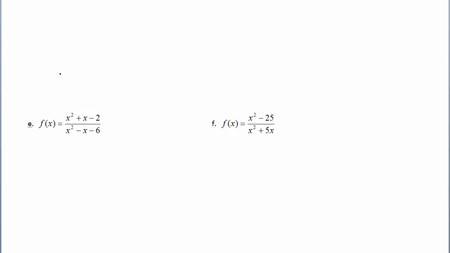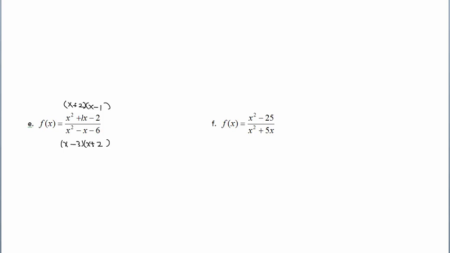Example E. Well, it looks like I'm going to have to do some factoring here to determine if I have any common factors with the numerator and the denominator. x and x, factors of negative 2 that add to positive 1 would be plus 2 and minus 1. Denominator factored, x and x, looks like minus 3 and plus 2.